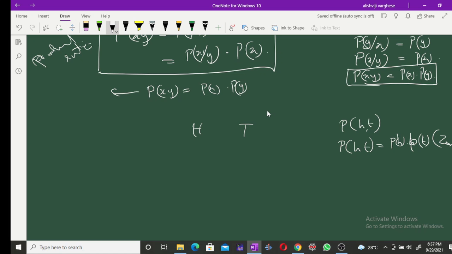If I select a person randomly and measure his or her height, and a particular height is measured, then does the value of height affect the value of weight? The second variable is weight, so let us write it as w. Does it affect the probability of w?